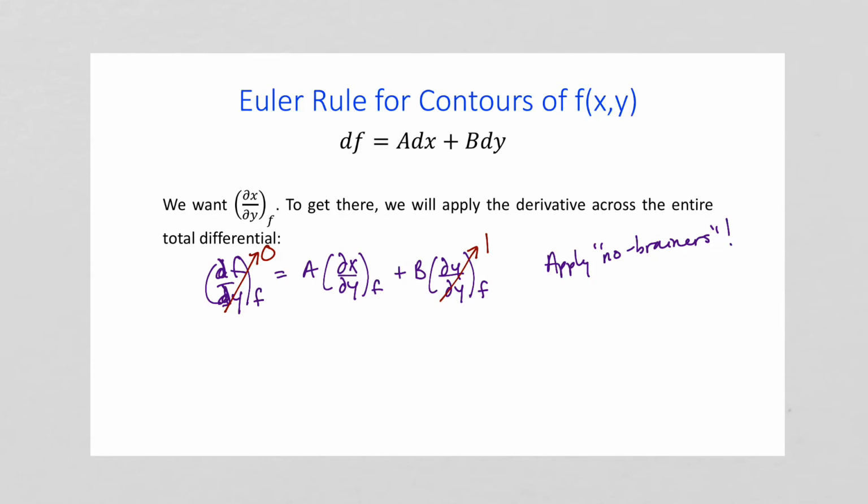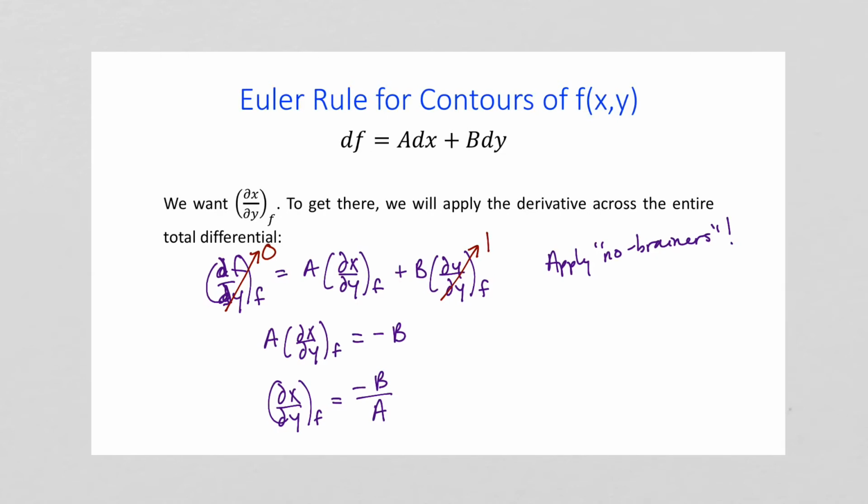Okay, so what does that leave us with? Well, we've got 0 equals a dx dy at f plus b, and we want to have dx dy at f as our final result. Simplifying things a bit, we end up with dx dy at f equals minus b over a.